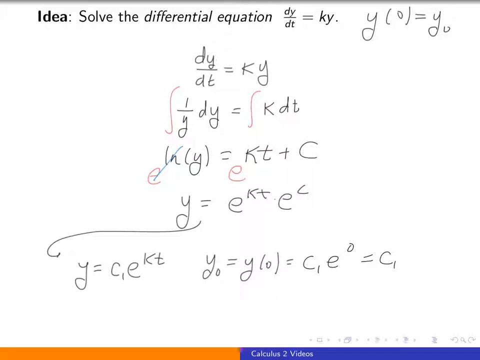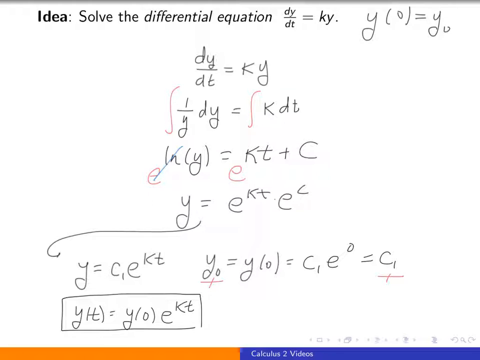So that constant c1 that we have is really just equal to y naught. So y of t, the size of our population, is equal to y naught, which is the initial size or population, times e to the kt. So just giving you a small bit of intuition of where this formula comes from.